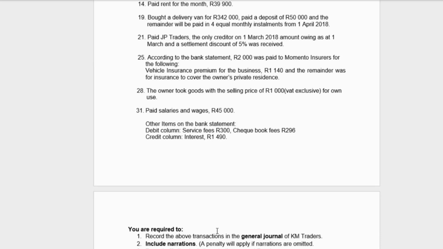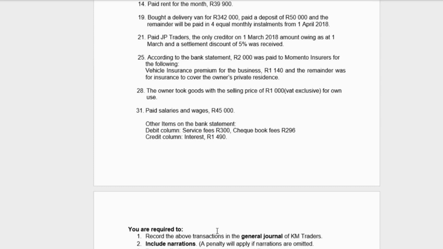So you do not account for VAT on salaries and wages, right?